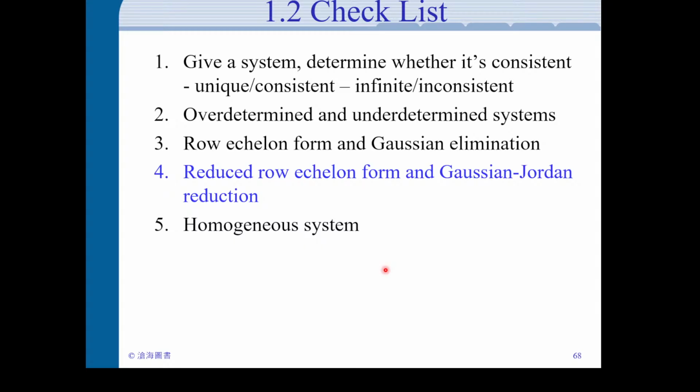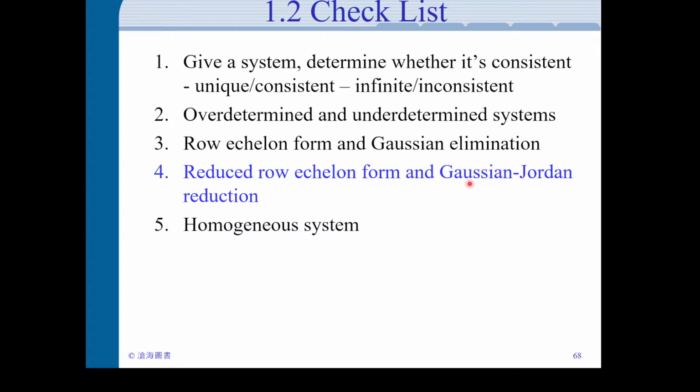That finishes our section 1.2. There are some checkpoints for 1.2. In 1.2 we learned how to find the solution of a system, and you can see whether it has a unique solution, infinitely many solutions, or is inconsistent. To do so, we find the reduced row echelon form using Gauss-Jordan reduction.